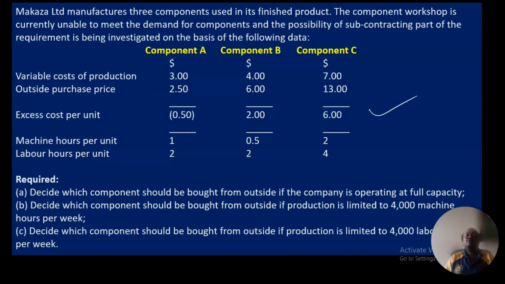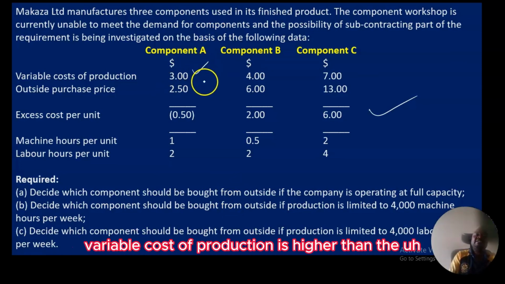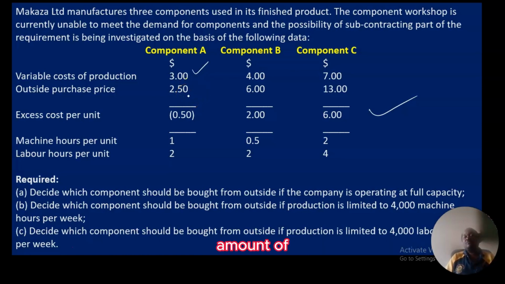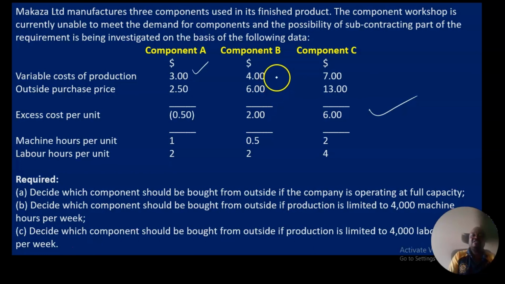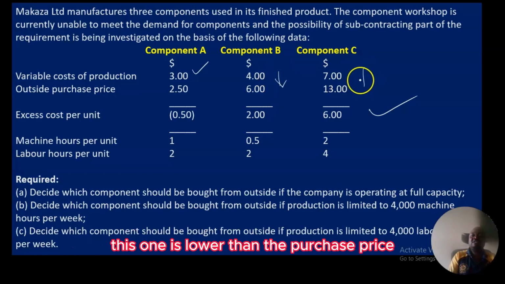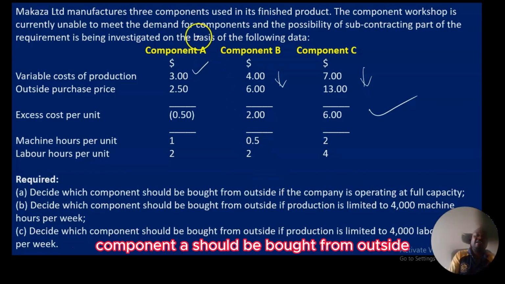If we look at component A, you can see that its variable cost of production is higher than the amount of purchasing the items outside. But the rest here, this one is lower, this one is lower than the outside purchase price. So on that basis, component A should be bought from outside.